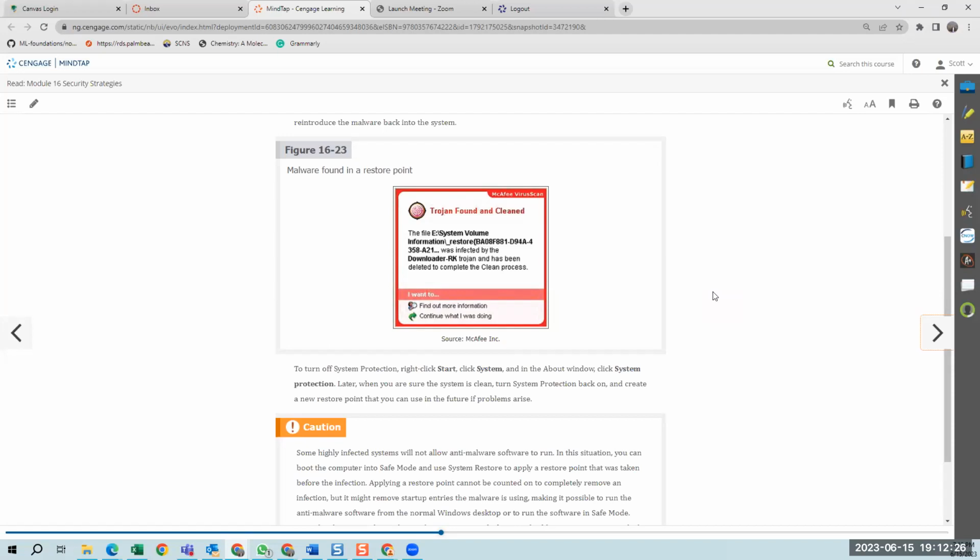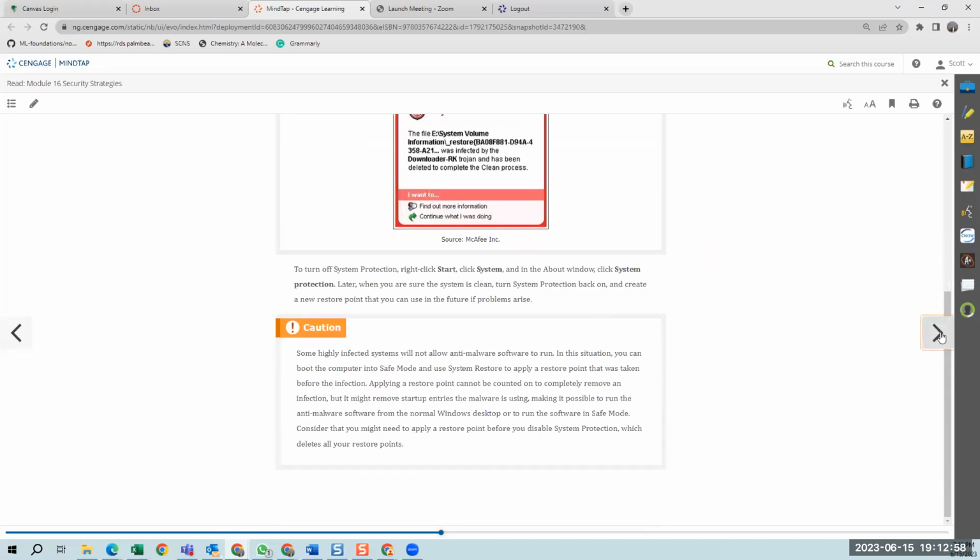Well, the same way we fixed things last week, where we had a restore point or we had an image. If today there's a virus on my computer, I want things to be the way they were before I had a virus. So it'll say, all right, we're going to go back to a point in time before we had this. And that's how we'll go about repairing what took place.